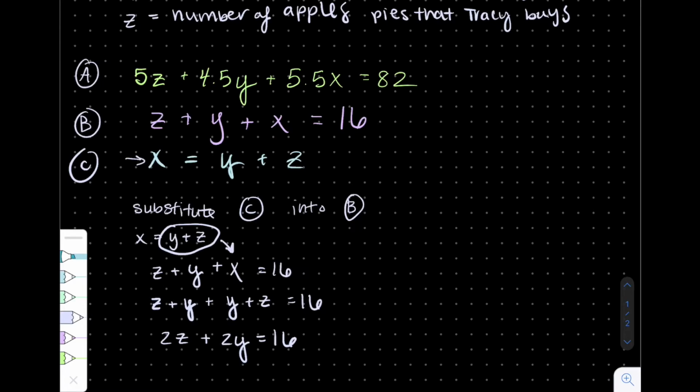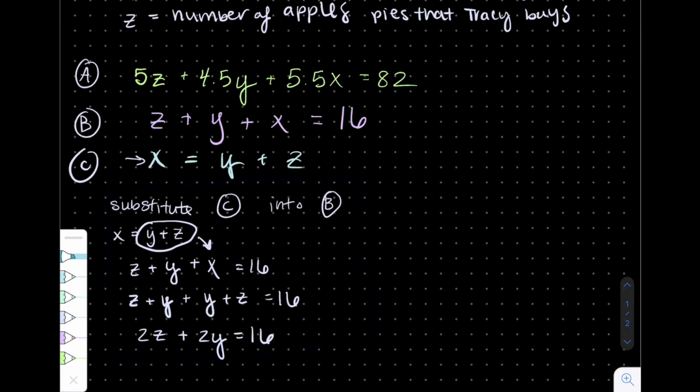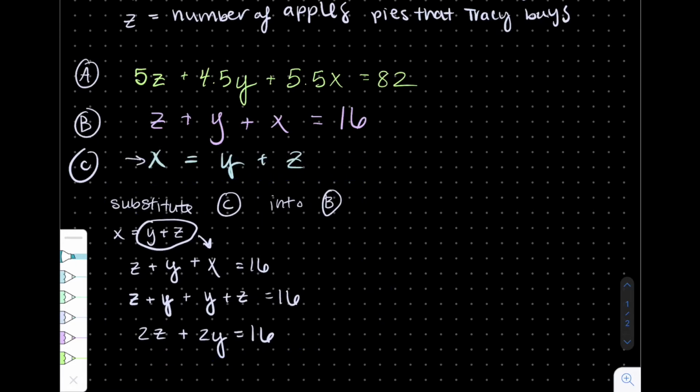So you could use substitution again, but for the sake of practicing multiple ways, I'm going to use elimination. And I'm going to use equations A and B. So in order to eliminate with A and B, I need to make 5.5x and x a 0 pair.